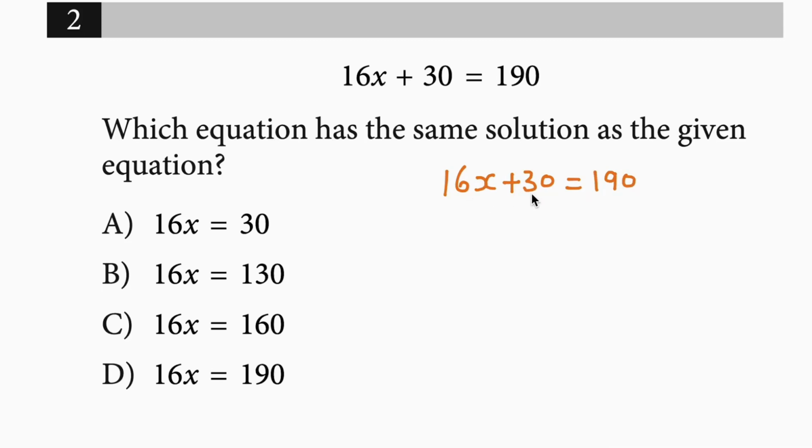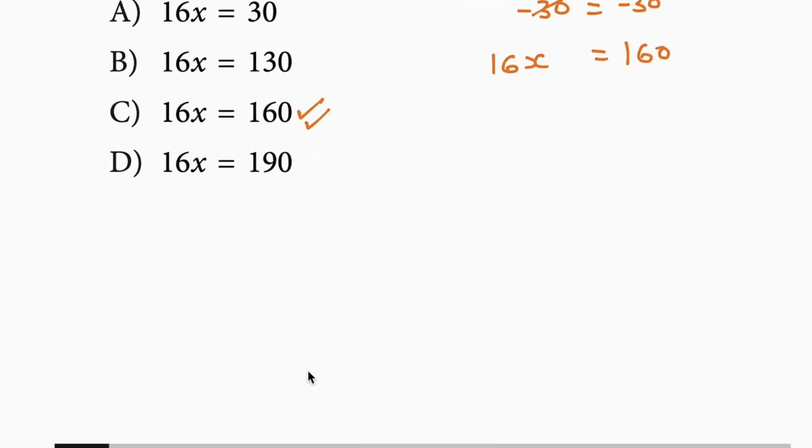That means I don't need 30 on this side, so I'll just subtract 30 on both sides. This is cancelled. So 16x equals 190 minus 30, which is 160. We don't have to solve further. This is what the options are saying, that we have to find the value of 16x. So yes, C is the right option.